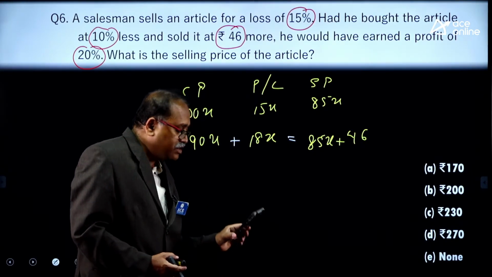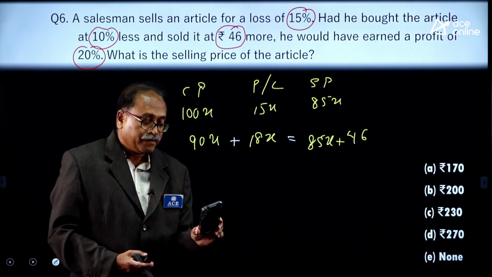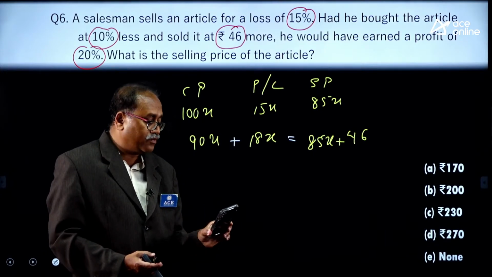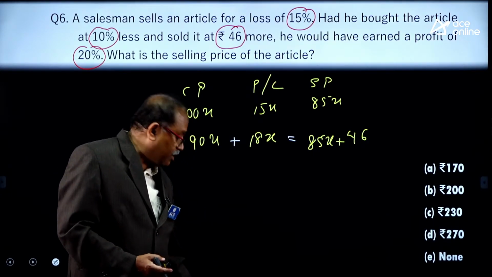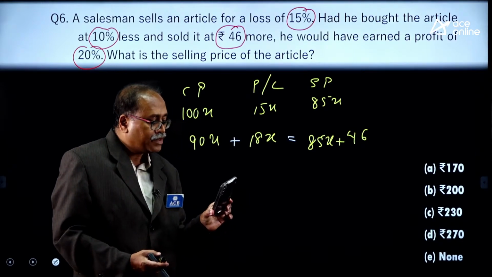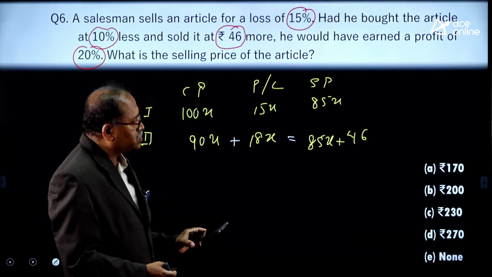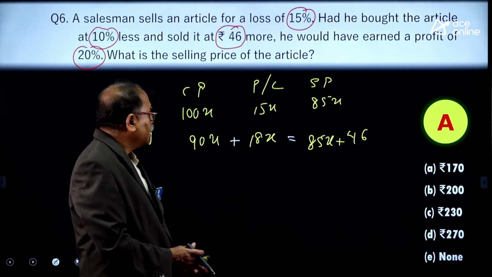Come on my dear friends, someone will definitely be able to answer the question. I have given everything that is needed, the concept part, and from your part it is only a calculation. Anusha madam is saying option choice B, that is 200. No, it is A. How is it?